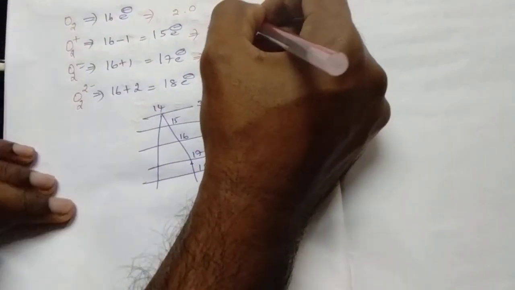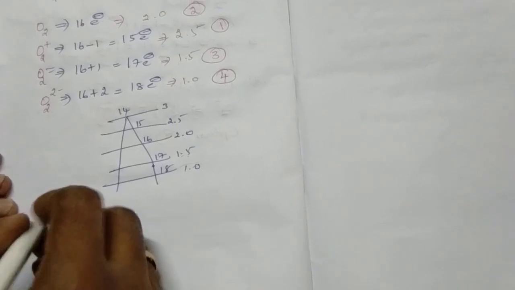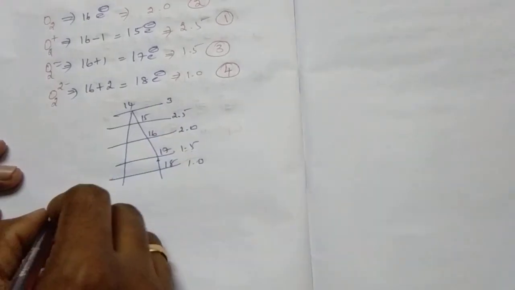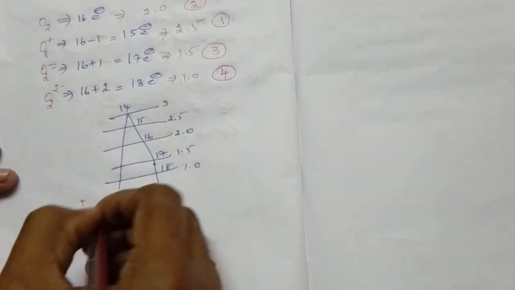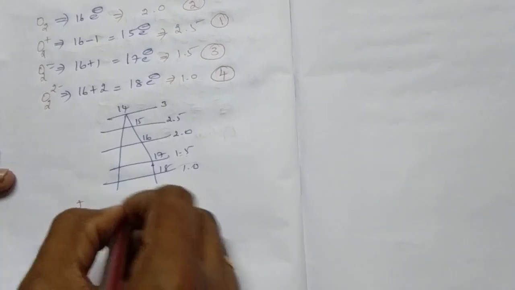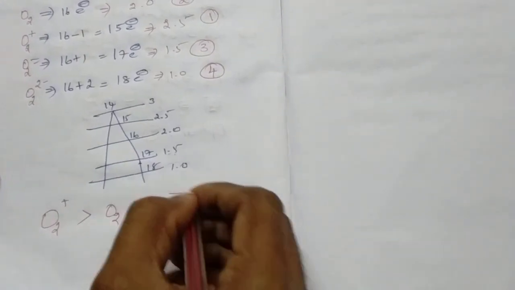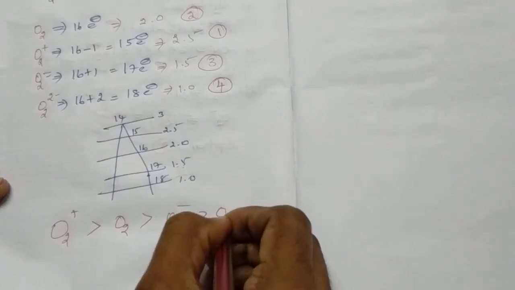Based on this we can arrange them. First O2 plus, then O2, then O2 minus, then O2 2 minus.